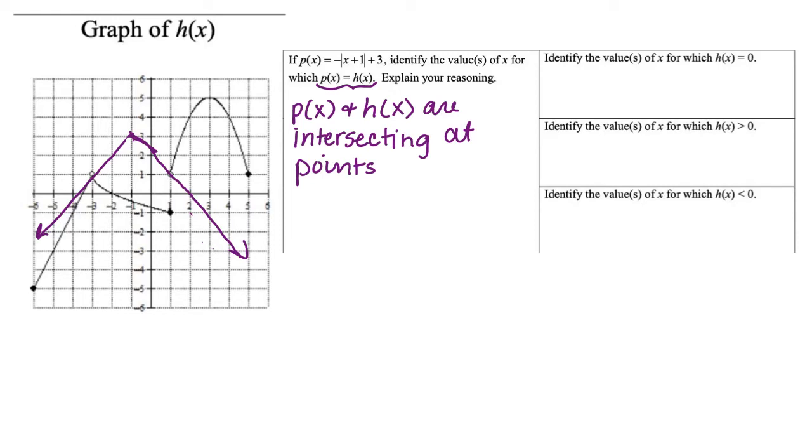And those points at which they intersect, well, look at where they're going through.